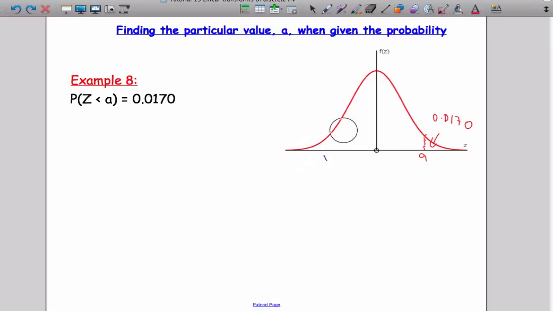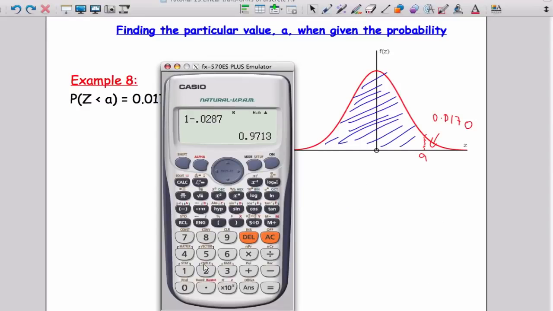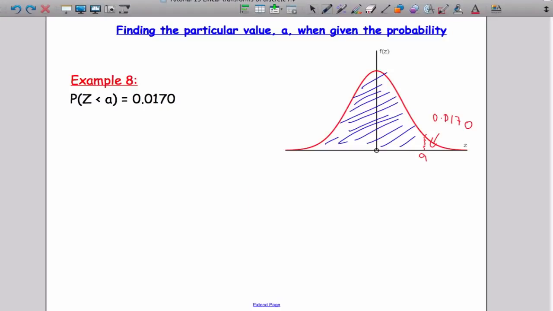Then I can subtract that from 1 to get this area here. So 1 minus 0.0170, and we get 0.983.